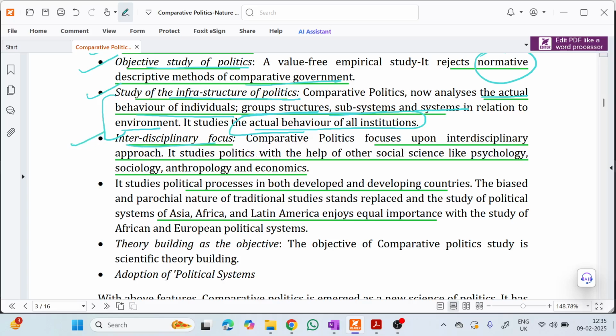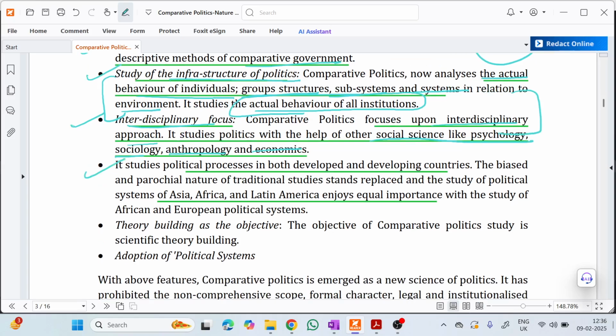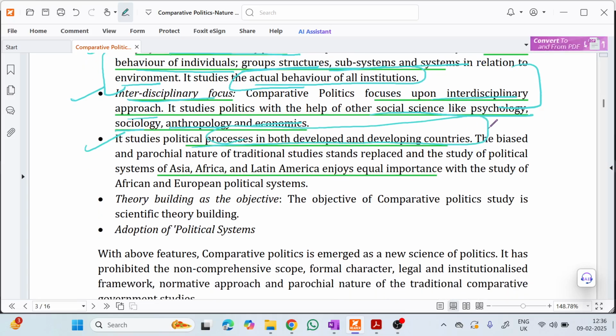Then it is also interested in interdisciplinary focus. So it focuses upon an interdisciplinary approach by which it studies other social sciences like psychology, sociology, anthropology, economics. Then it studies political processes in both developed and developing countries. By which it implicitly highlights the fact that the earlier study, the parent branch, the comparative government, only concerned itself with the developed countries.